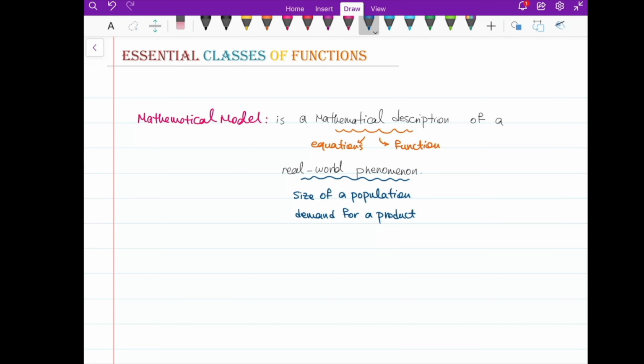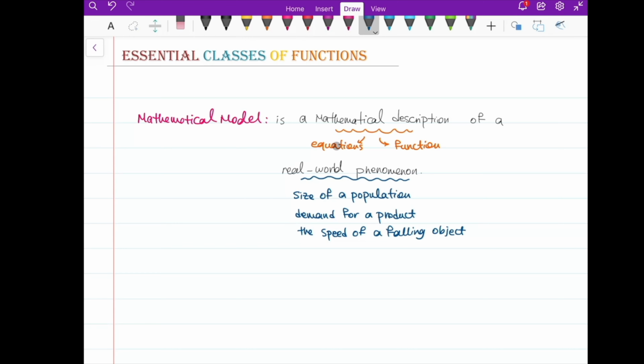We can use mathematical description to find the speed of a falling object. So basically these are real world phenomena, and we use equations, we use functions to describe them.